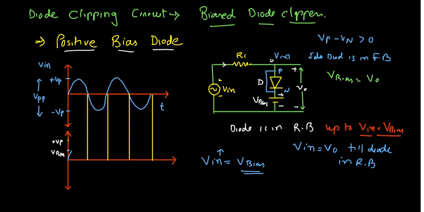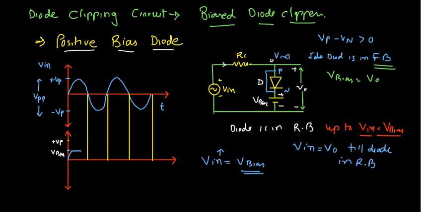Whenever the diode is in forward bias, at that time we can draw it this way. When the diode is in forward bias, our output is straight.